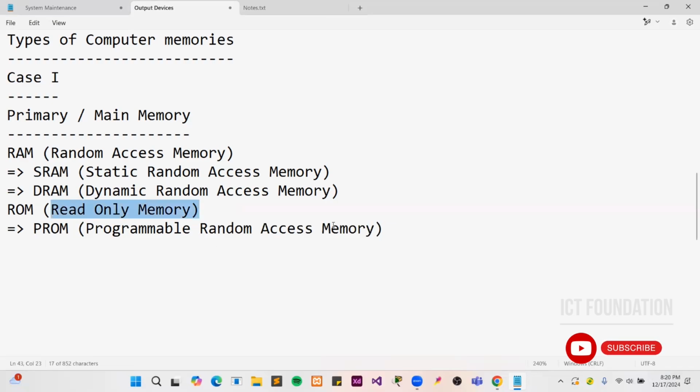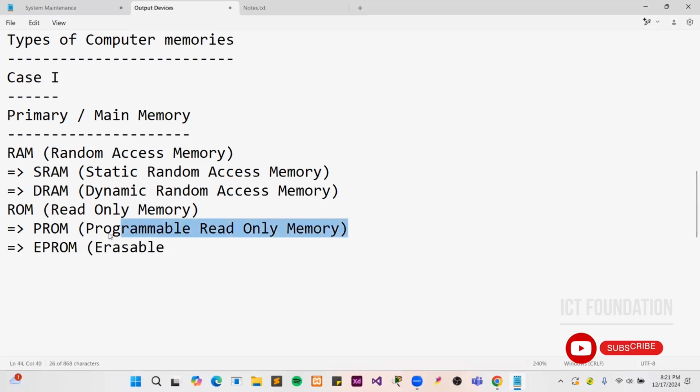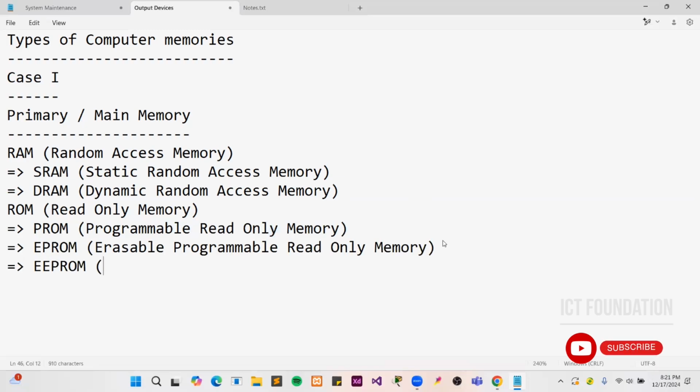The next one is called EPROM. EPROM means erasable, programmable, read-only memory. Then EEPROM, electrically erasable, programmable, read-only memory is the expansion of EEPROM.